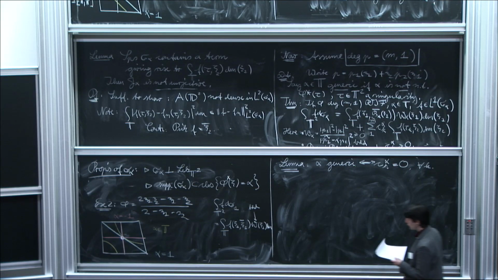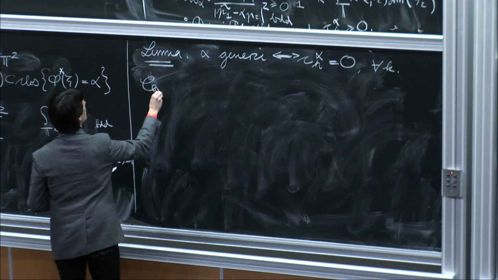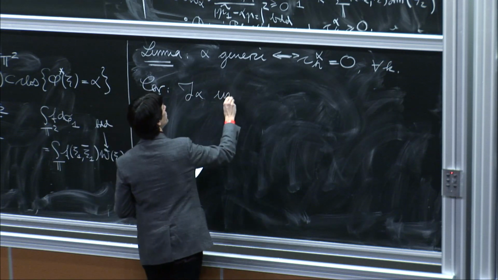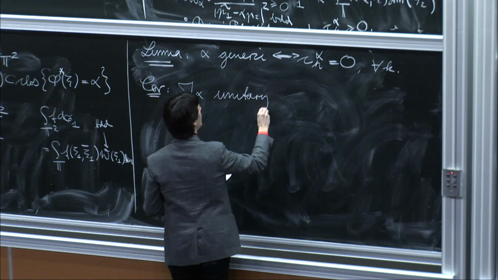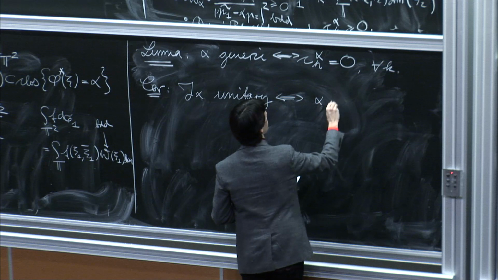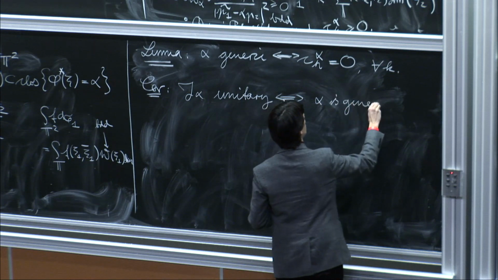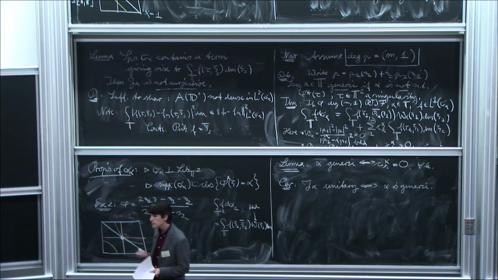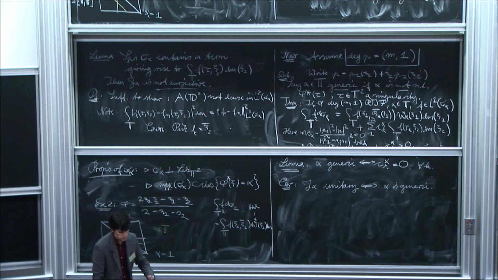So in other words, the corollary here is J alpha is unitary if and only if alpha is generic. So that explains this counterexample that Dubtsov came up with.